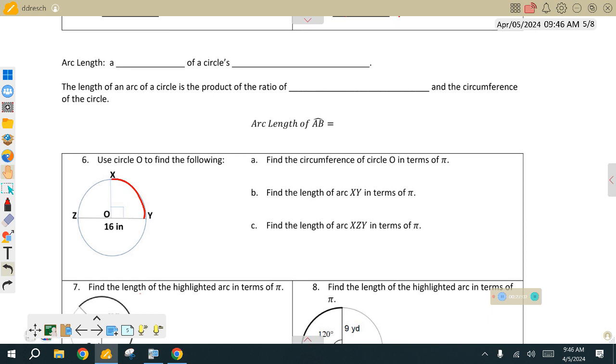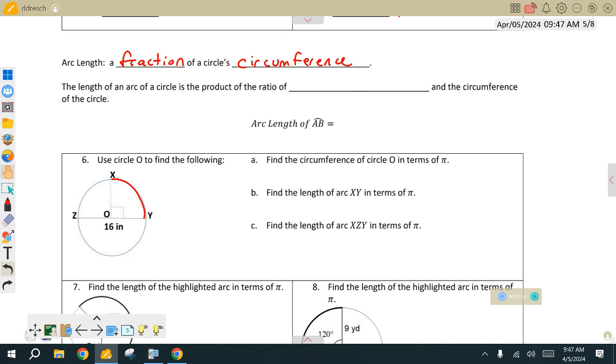I didn't do the full circumference. That's what we're looking at today. So we didn't do the full circumference. We did what we call arc length. So an arc length is a fraction of a circle's circumference.